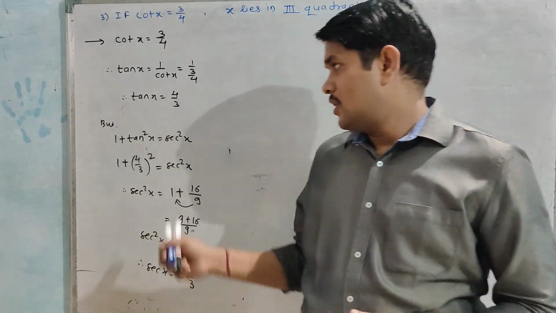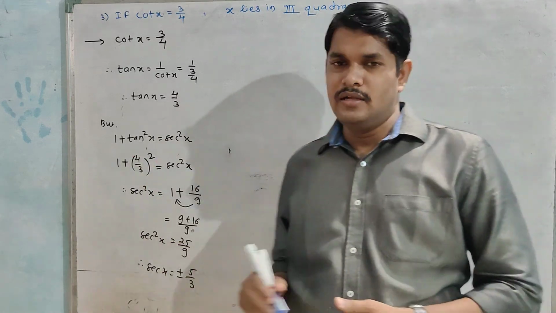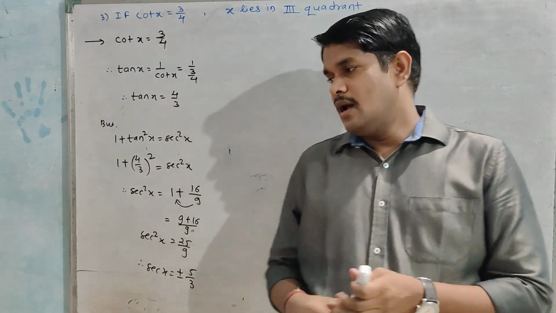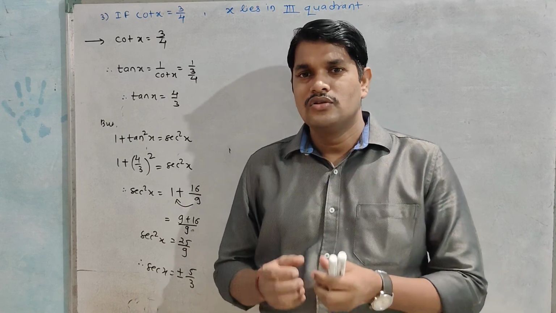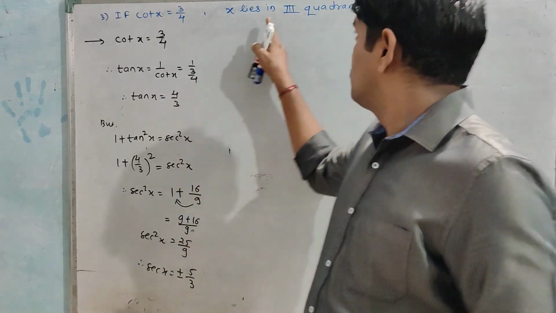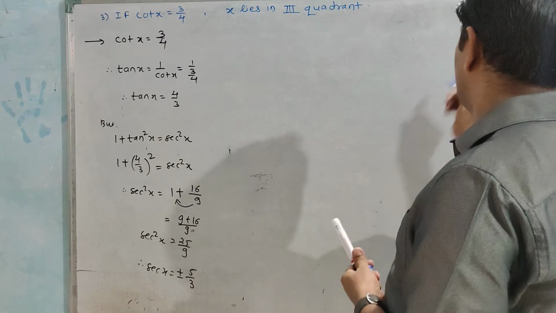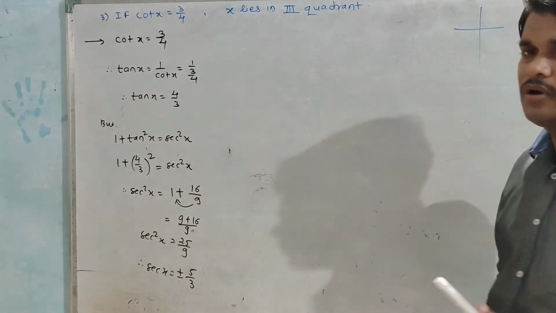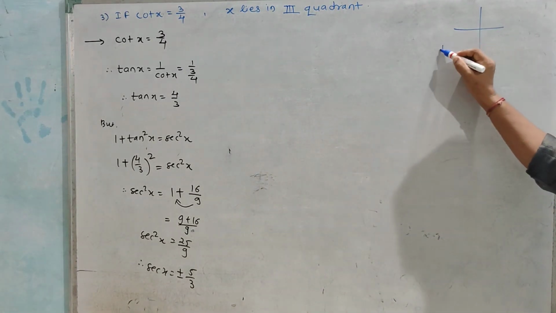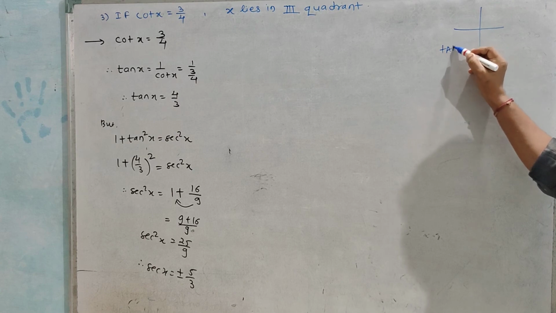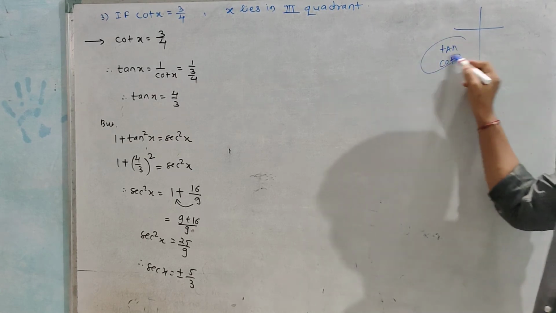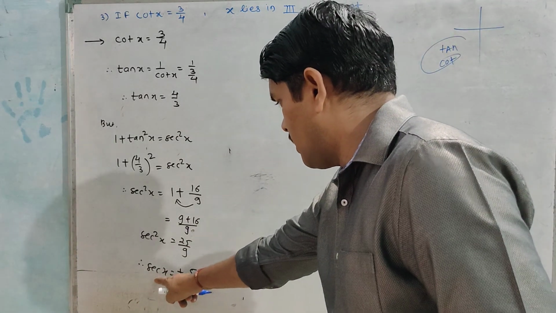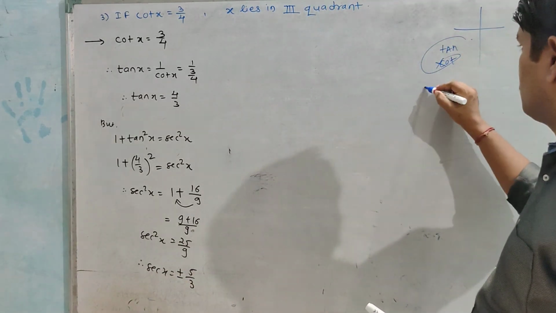Okay? And we know that when we are using the identity, we have to take only one value. We have to take only one, positive or negative, whichever applies. Okay, so we use the condition of the third quadrant. In the third quadrant, which trigonometric functions are positive? Tan and its reciprocal cot are positive. But we have to take the value of sec. So in the third quadrant, sec is what?